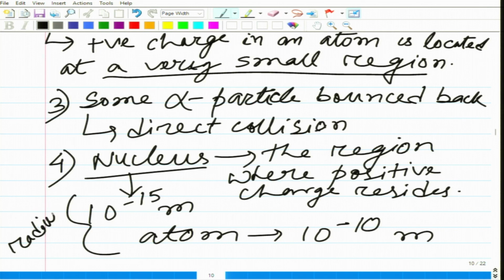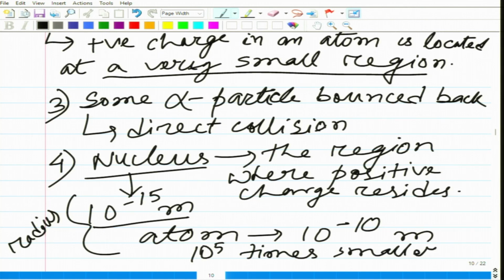So, you see, the nucleus is around 10 to the power 5 times smaller than the atom. You can compare this to placing a lemon or a very small ball in the middle of a big playground. That is the case with atoms and the nucleus. So, the nucleus is very small compared to the atom.